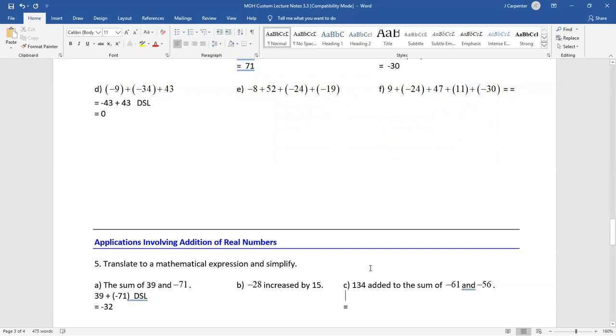All right, C, 134 added to the sum of negative 61 and negative 56. Added to means plus, sum means plus, so that's 134 plus negative 61 plus negative 56.